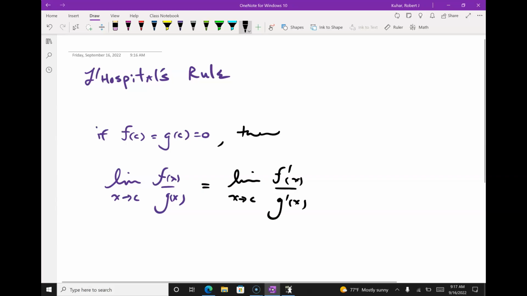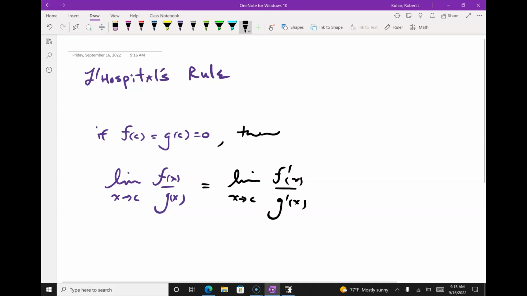So it's saying if I get what, when I'm doing my limit? 0 over 0. If I get 0 over 0, I can simply take the derivative of the top, the numerator, and take the derivative of the denominator, and then redo my limit. In fact, if I keep getting 0 over 0, I do it over, do it over, do it over.